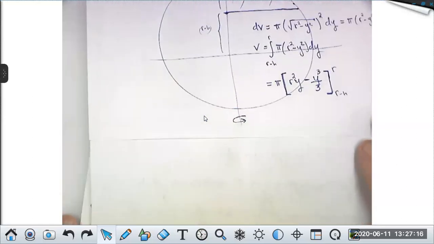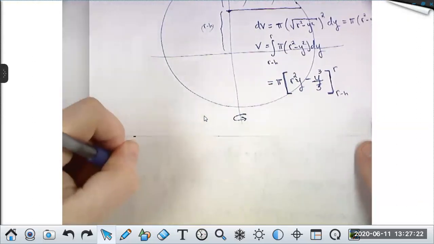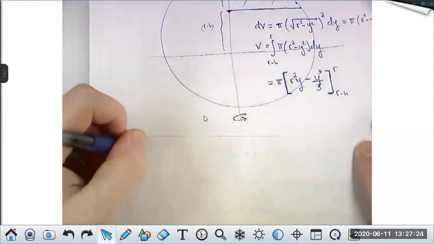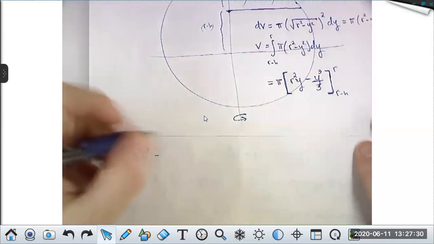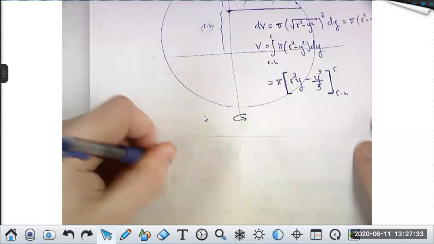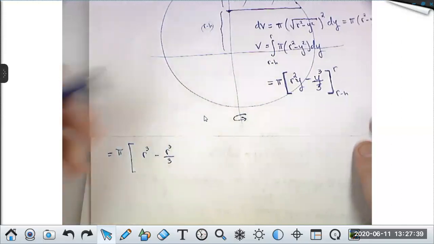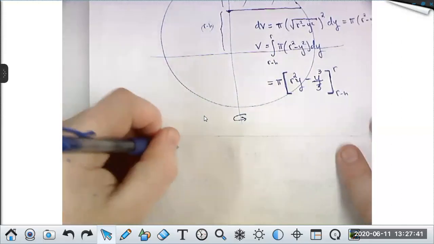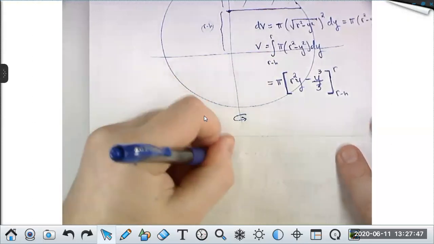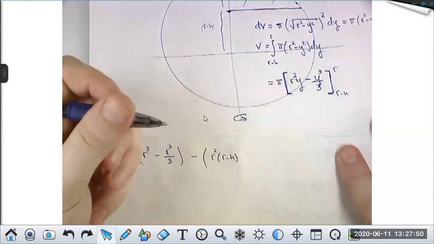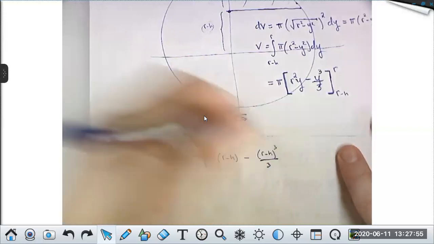This is going to look like pi times R squared times y becomes R cubed, minus R cubed over 3, which would just be R cubed minus R cubed over 3. Yep. Minus R squared times r minus h, minus r minus h cubed over 3.